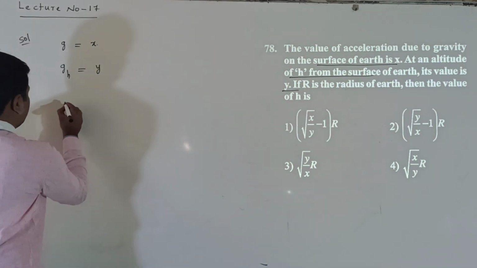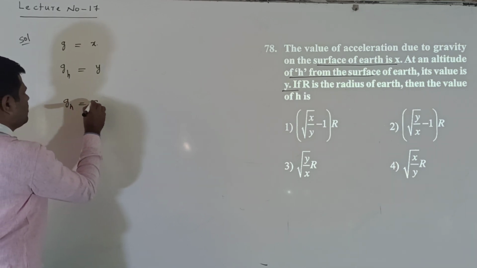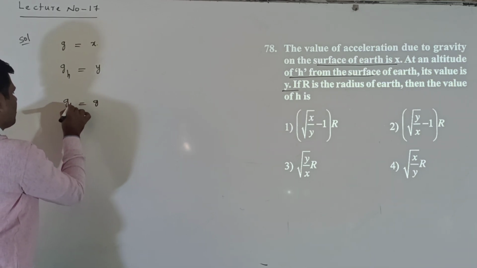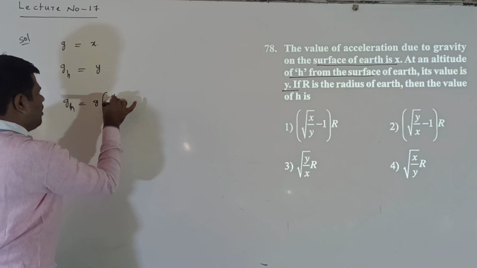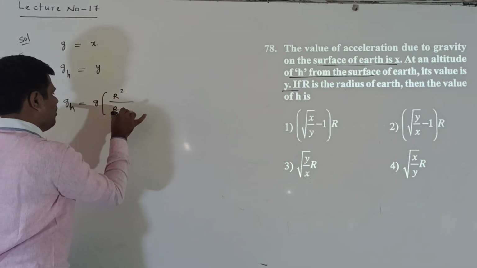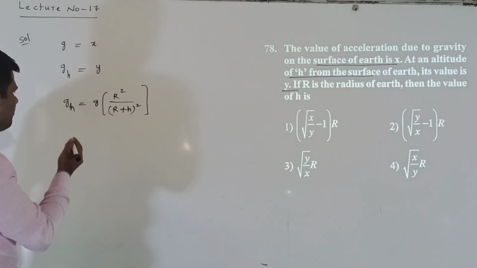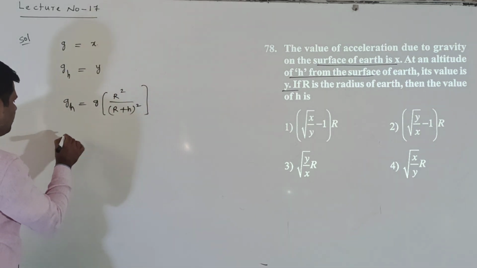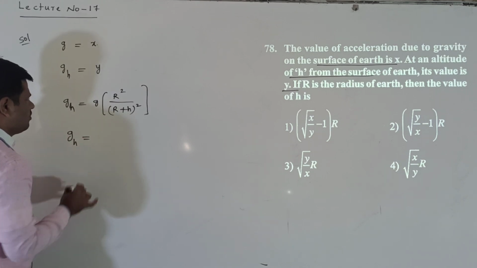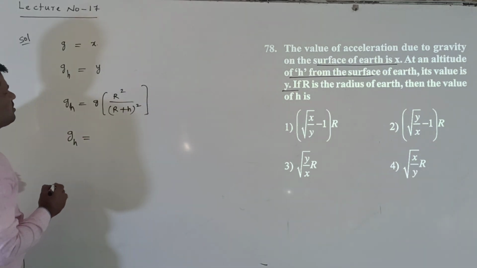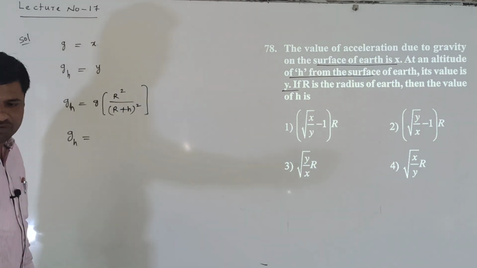Now we know the formula: Gh is equal to g into R square by R plus h whole square. Clear it is. This is a formula we know already. Now that value I am substituting here.